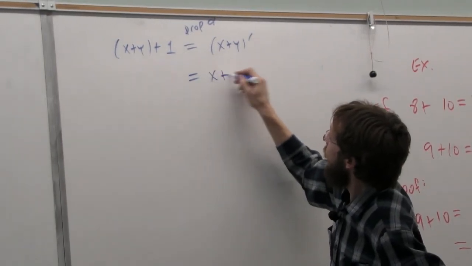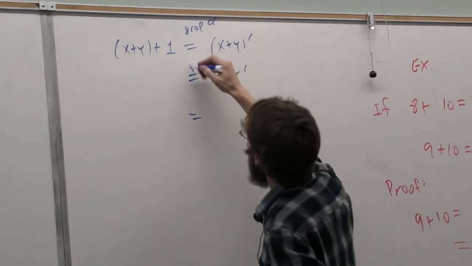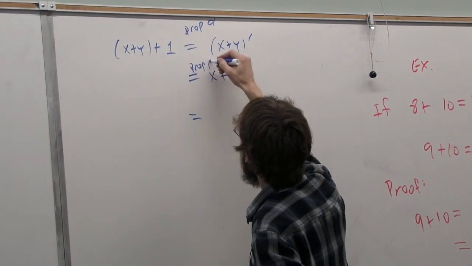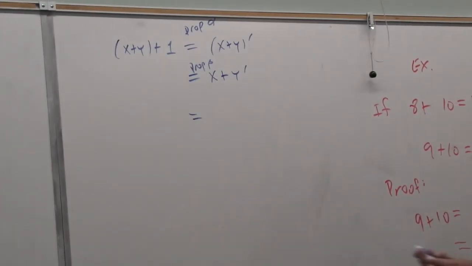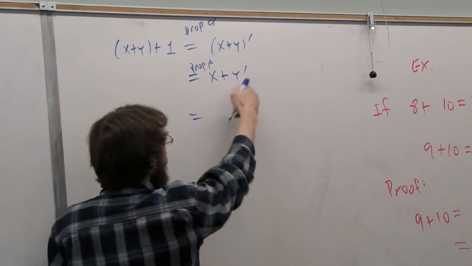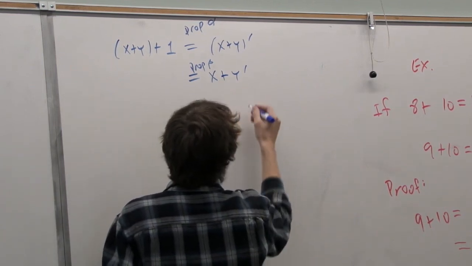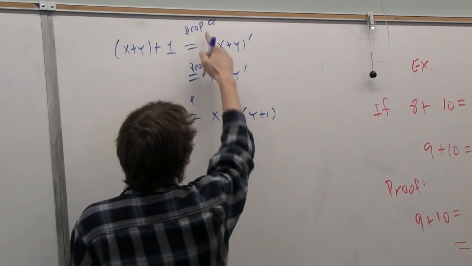One of our properties says that we can bring that successor into y. This is true by property beta on that previous board. But what is y successor? It's just y plus 1, and this is true by property alpha again.